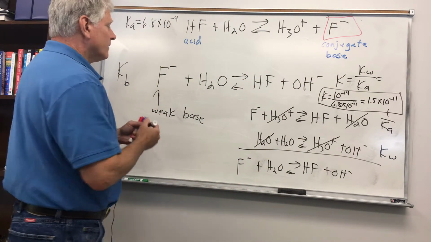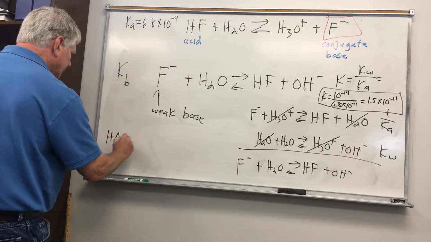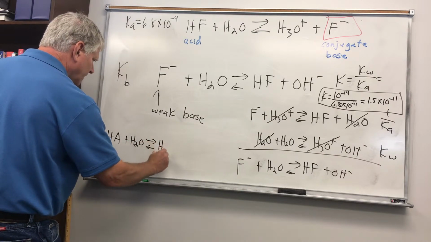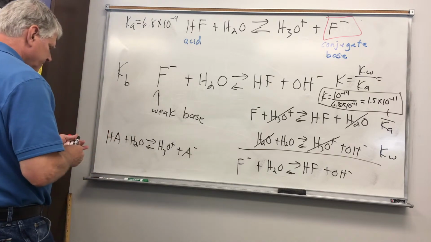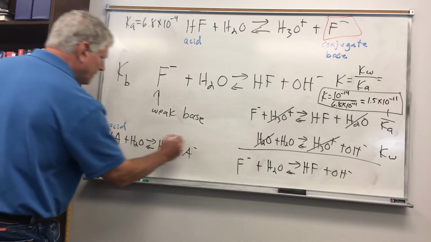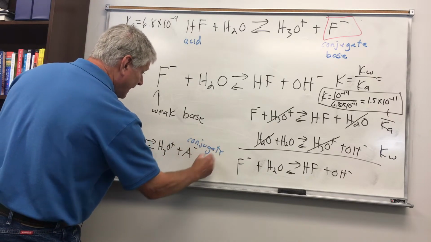So if we have a general acid reaction for a weak acid, we have an acid and a conjugate base.